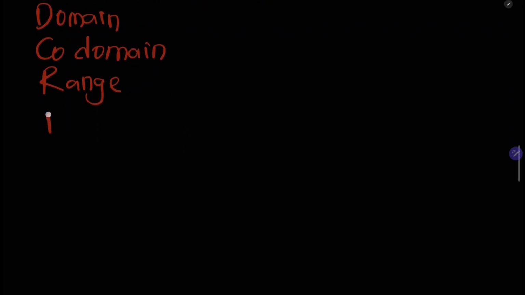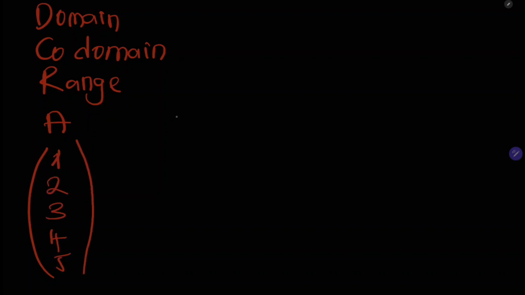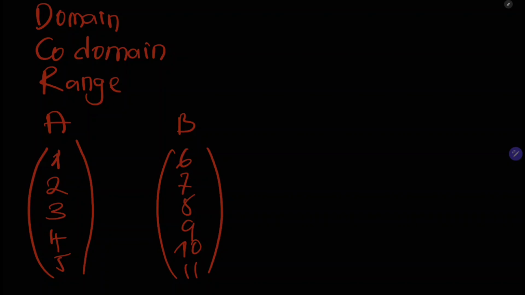Okay, now let's just have the same set A again, 1, 2, 3, 4, 5, and set B, 6, 7, 8, 9, 10, 11. It's just easier this way. Here's a function f.